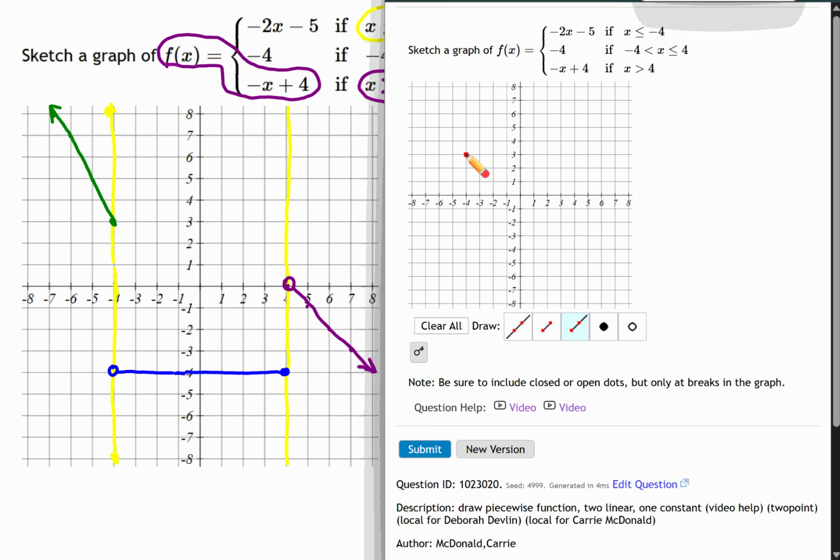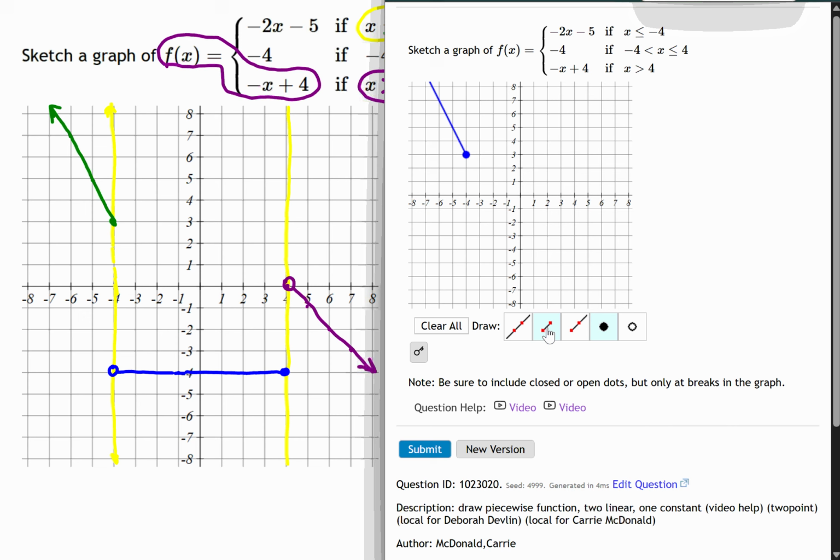And then my second point, I'm going to use the slope, which was -2, going up 2 and over 1. So I got my first piece done. Now I'm going to do this second piece here. Oh, you know what? I think I need a solid point right there. I hope it doesn't matter the order. We'll see.